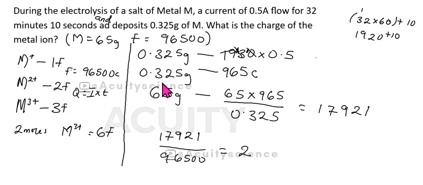This is the molar mass, because it's a monoatomic element, so the mass of 1 mole is just the relative atomic mass. This is the mass for 1 mole, and it took 2 Faraday to get it out. It means that element M is charged as 2 plus. Easy.